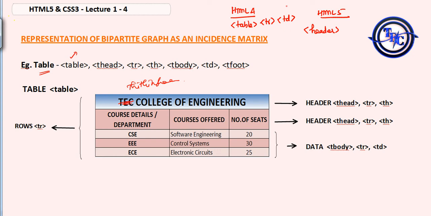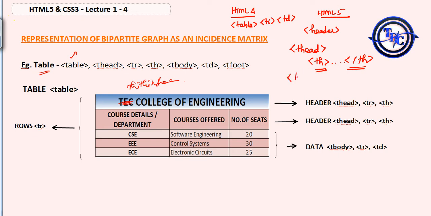It comes for the page alignment. If you go for table, you have something called t head, inside which you can give the headings. If you open the tag, you have to close it. In HTML4 it's not mandatory, but here you have to close the tag.